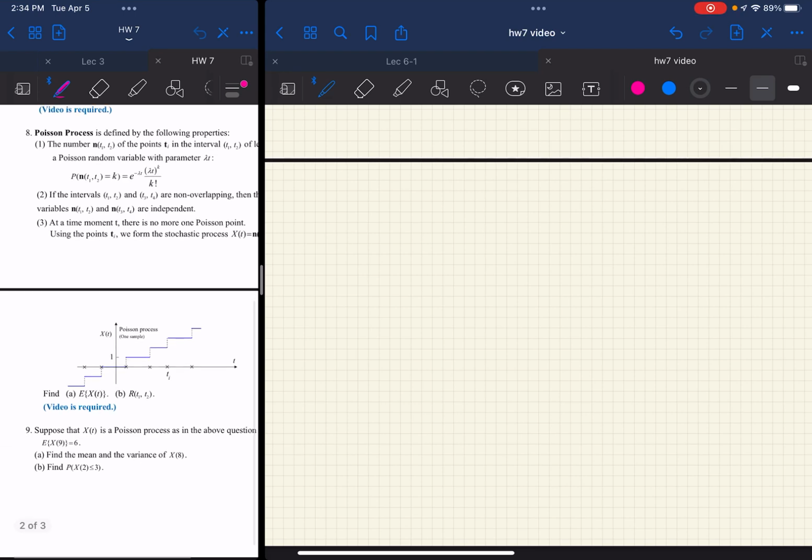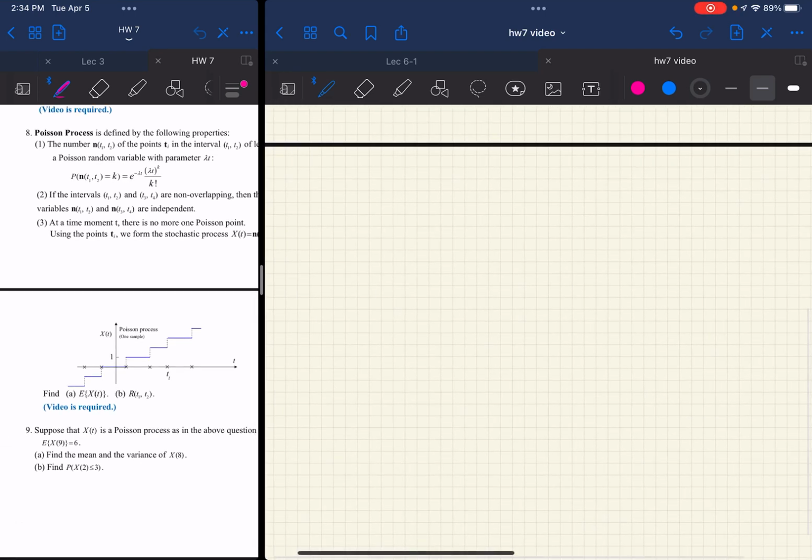For problem 8, we are first asked to find the expectation of X(t), where X(t) follows the Poisson distribution. For the Poisson distribution, if X equals k, the formula is e to the power of minus lambda times lambda to the power of k divided by k factorial.